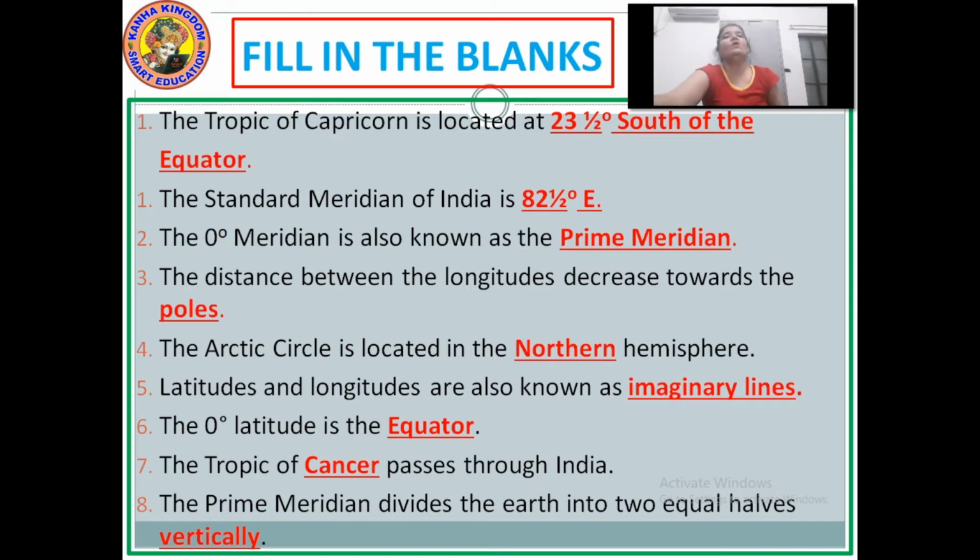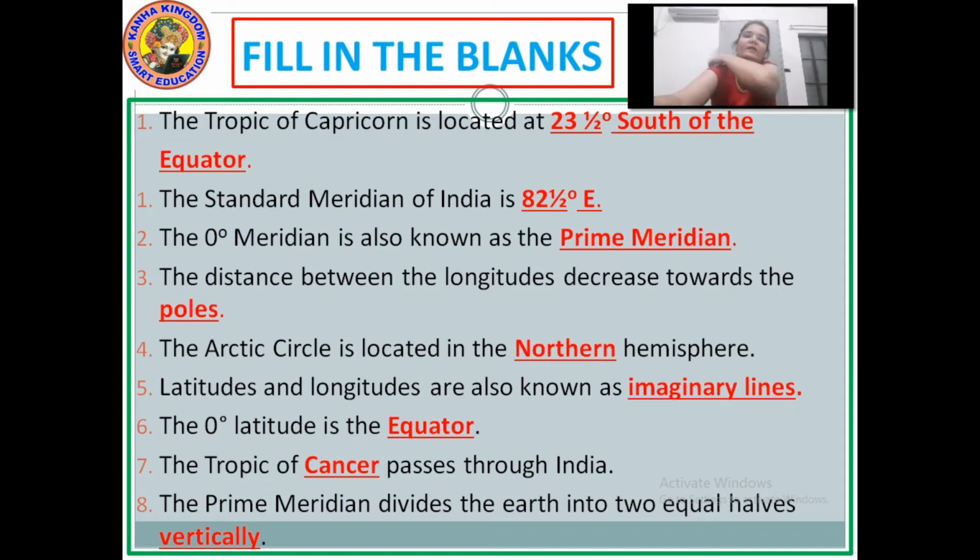First one. The Tropic of Capricorn is located at dash. The answer is 23.5 degrees south of the equator.